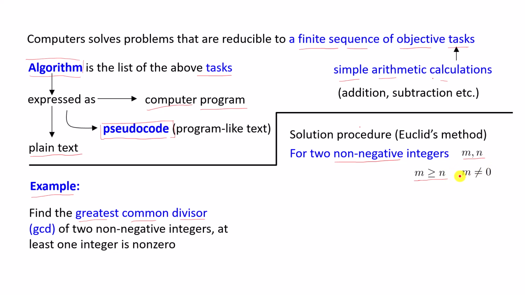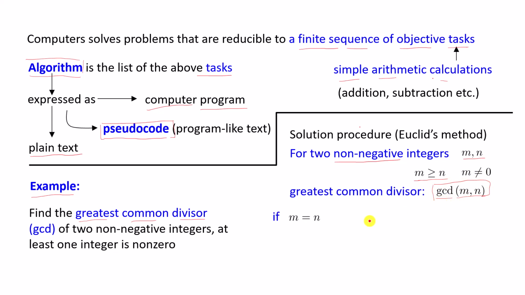The point is that both of them cannot be 0 because m is greater than or equal to n. Now, the greatest common divisor of it, let us say that is GCD of m and n. We use this notation for greatest common divisor.